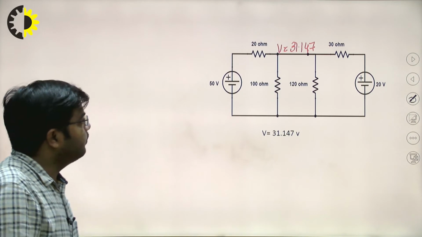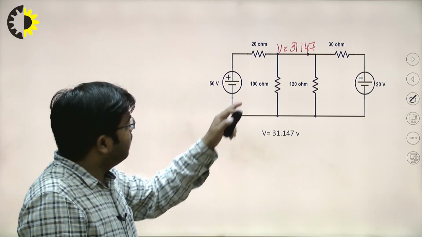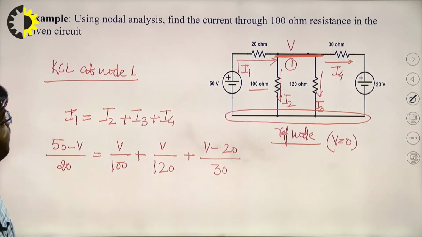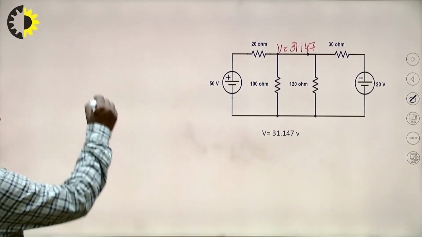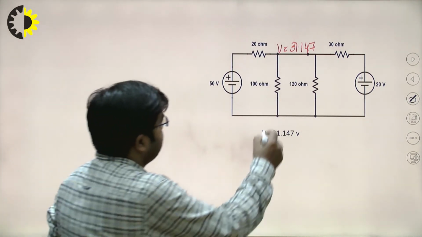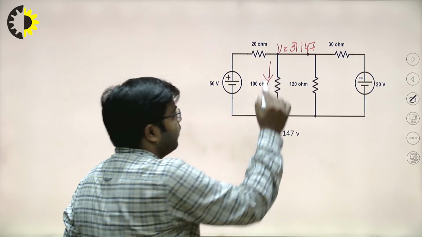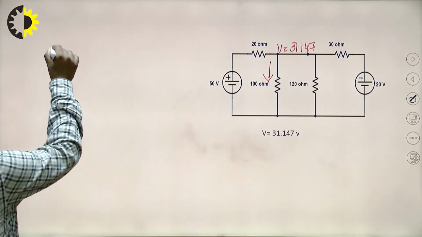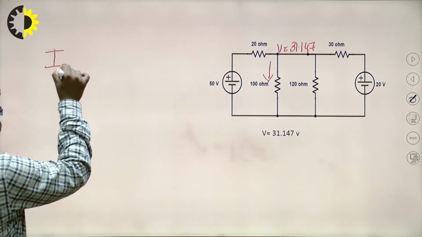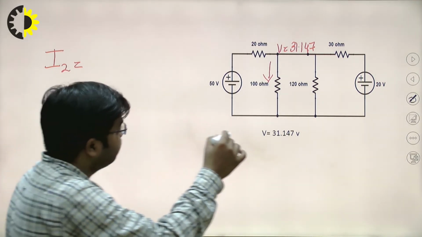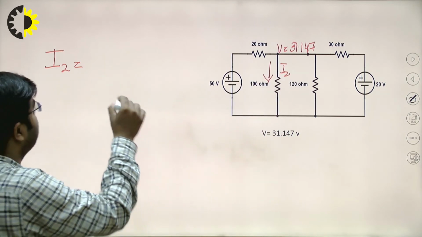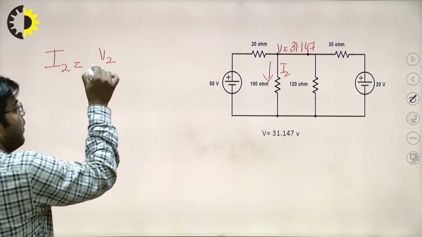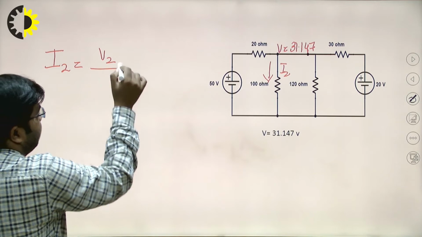But in the question, you can see find the current through 100 ohm resistance. So current I2, this is the current I2, that is equal to V divided by 100, V only, not V2.